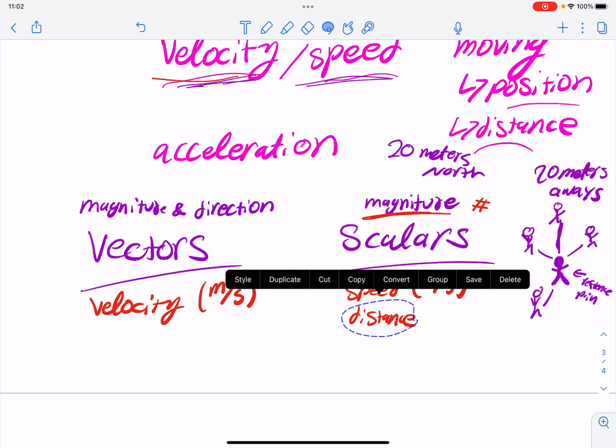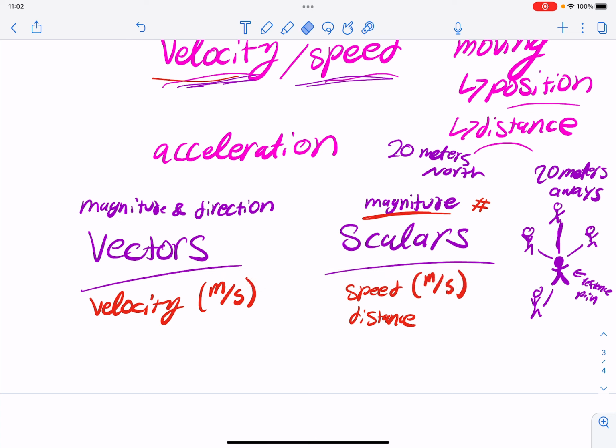It would be a scalar, right? I'm sorry, I wrote that really ugly. This would be a scalar. Now, our position, if we know that we're 20 meters north, the fact that it says north gives us a hint that this is also a vector.